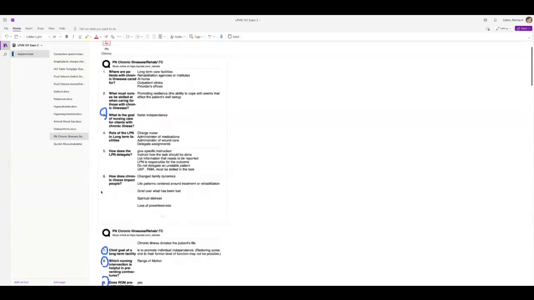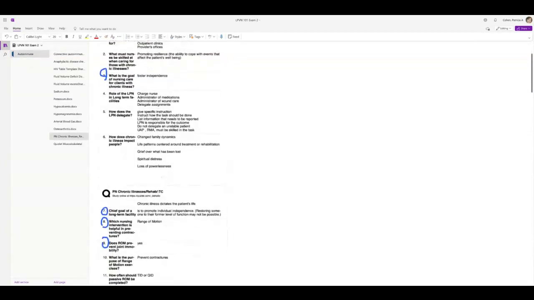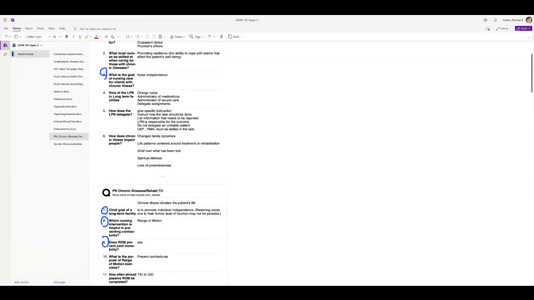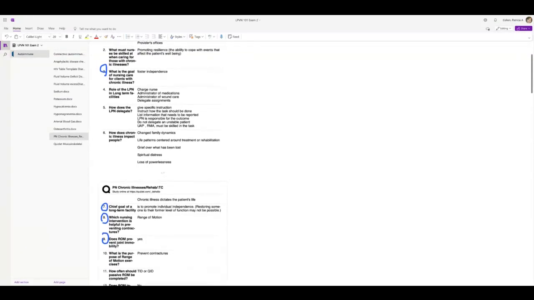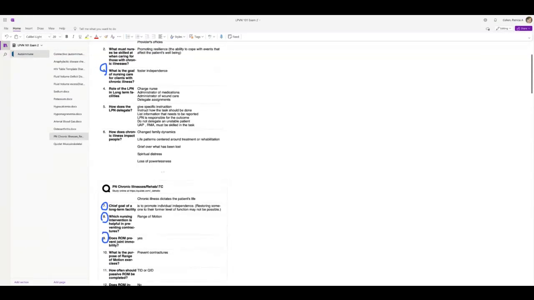All right. So the chief goal, yes, is you want to restore their function to the highest level possible, but we can't promise that we're going to restore them to what they were before, right? You understand that? So for example, if somebody had a stroke and they have contractures, we have to do passive range of motion.